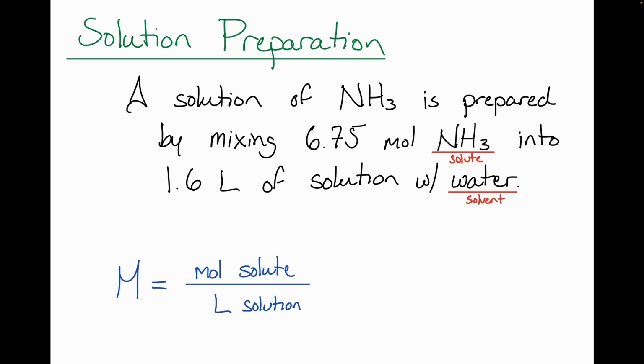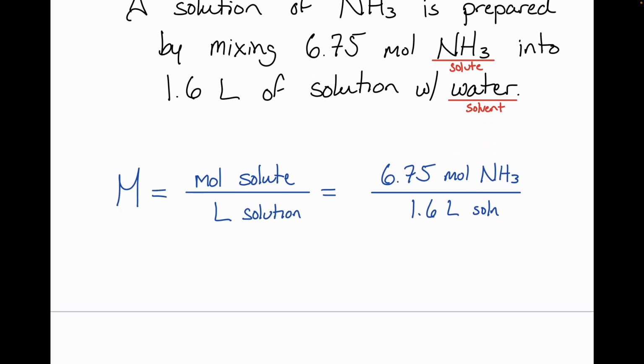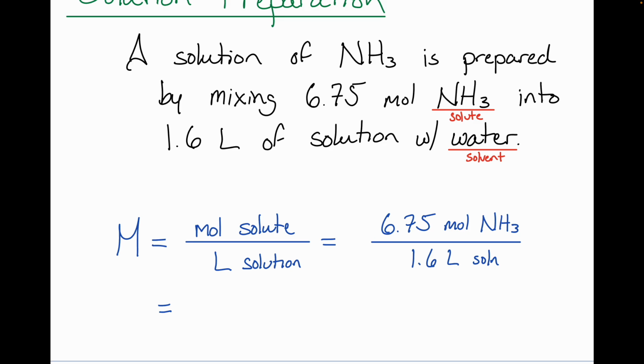And I'm about to calculate the concentration of the solution that I prepared by taking that 6.75 moles of NH3 divided by 1.6 liters of that solution. All right, so I punch that into my calculator. I get 4.21875.